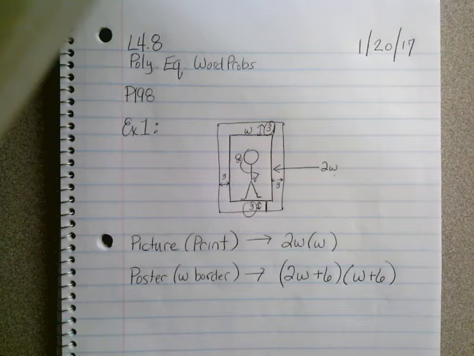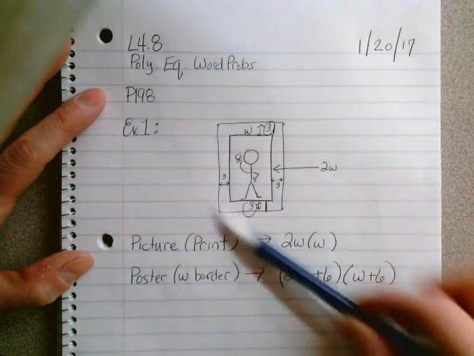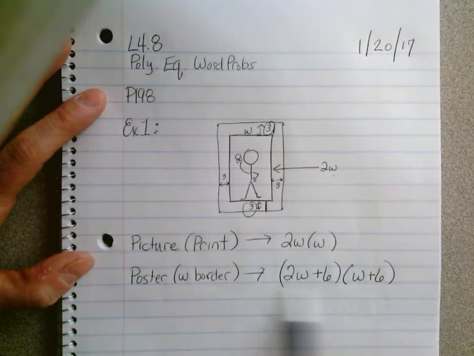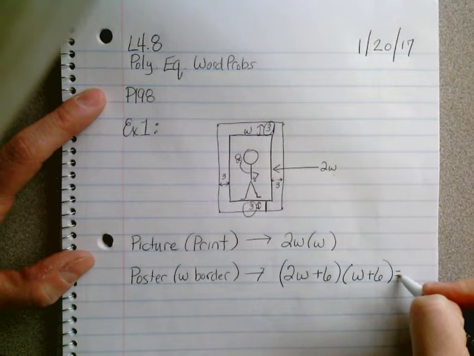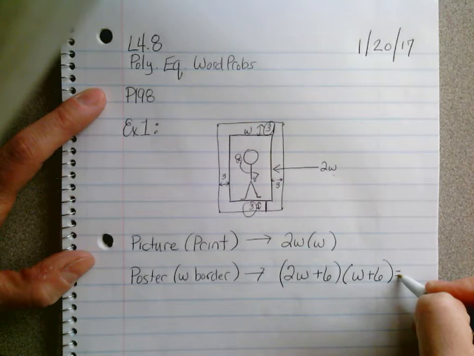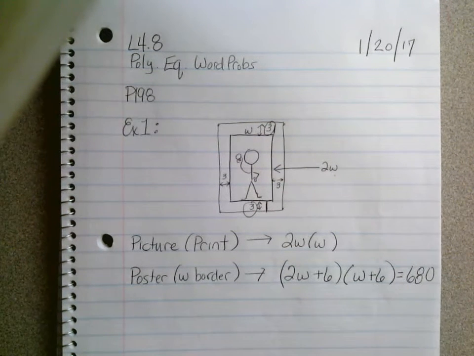All right. Step 3 they've shared with us is that the area of the poster itself, that's this, is equal to 680. How do I know that? That was the last sentence.